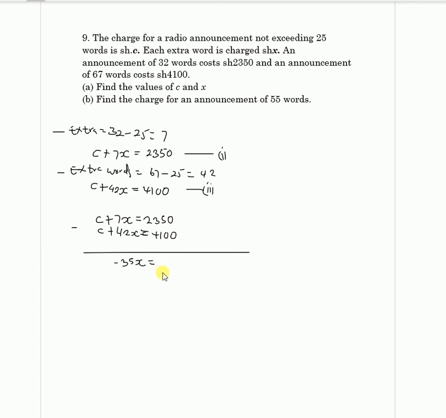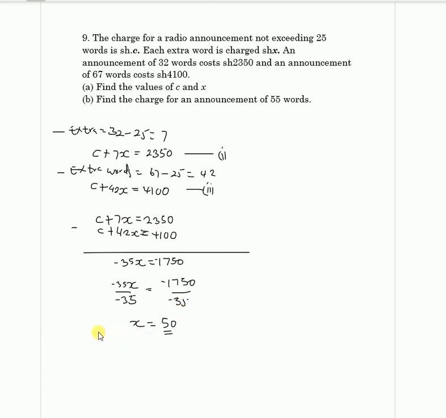Negative 35x is equal to 2350 minus 4100, which is negative 1750. Such that x, this negative 35x divided by negative 35, is equal to negative 1750 divided by negative 35, and that gets us 50. X is 50.